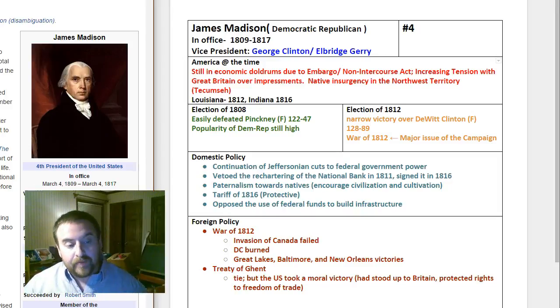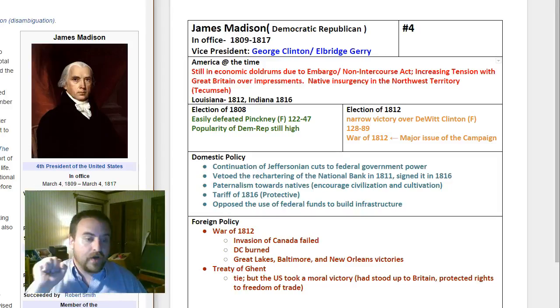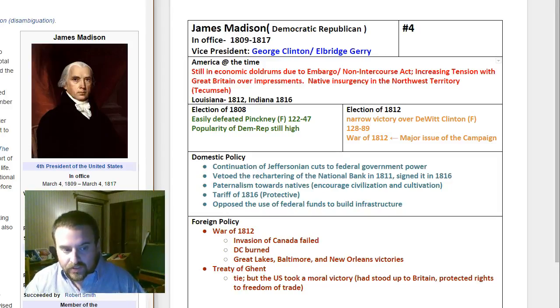If you can remember back, Hamilton's tariff was all a cash grab. It was all about the federal government getting some money from these imports. This one is protective, meant to protect American manufacturers while they're just trying. They're kind of weak. They're kind of like baby giraffes, unsteady and wobbly. They're just learning how to get this manufacturing thing going. So the Tariff of 1816 is going to protect them.